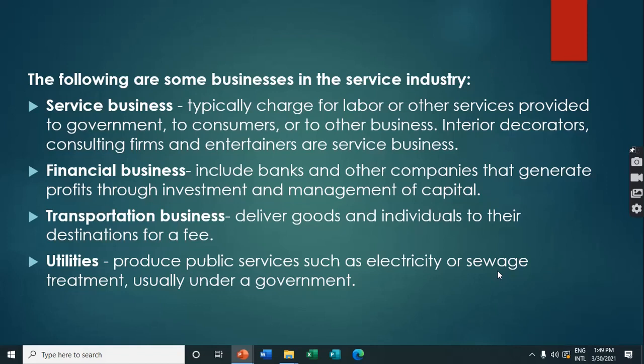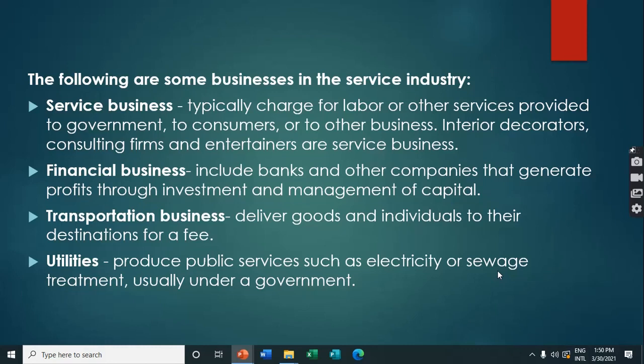Accounting, in fact, is a service activity. Entertainers are also service businesses.